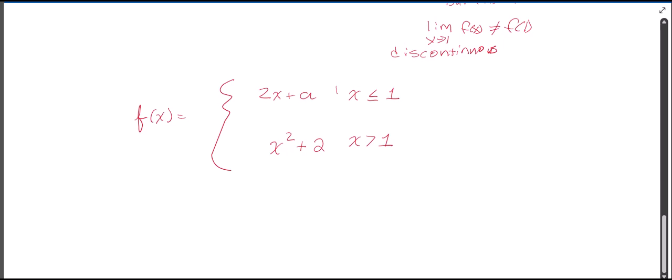So this is our function, and the question was, what value of a makes this function continuous at x equals 1.